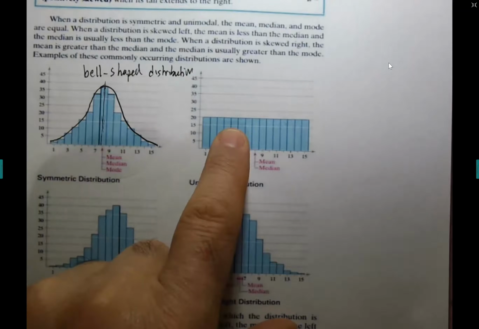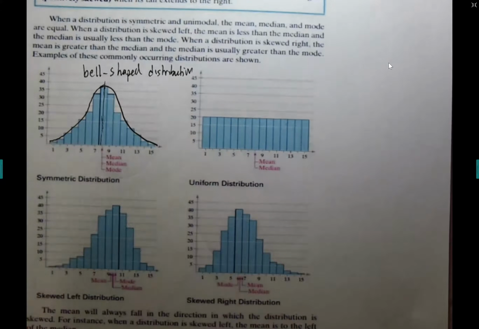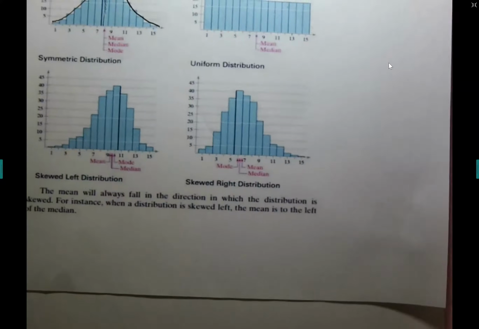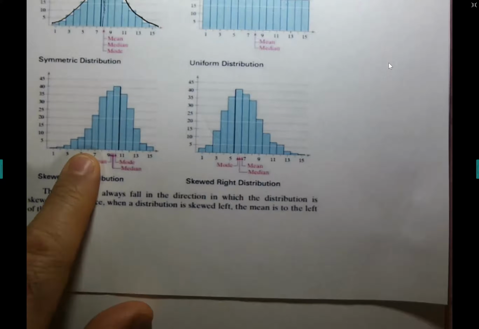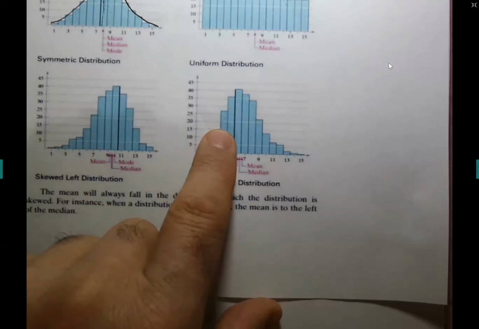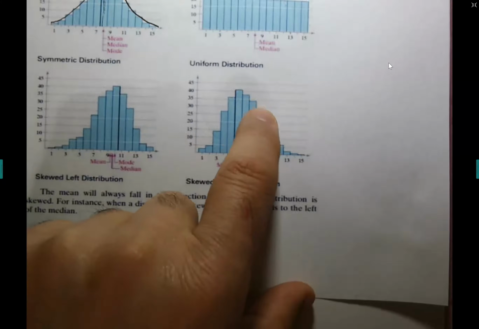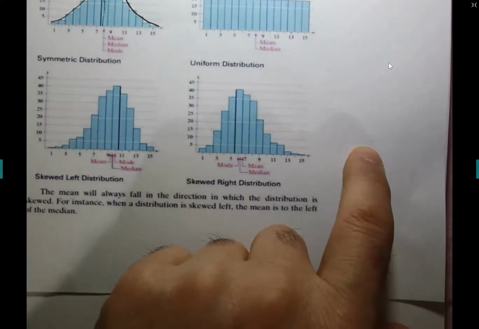Or you could get something like this, which is called uniform. You could get a data set that is skewed to the left, which is the left tail distribution, or you could get a skewed right distribution where the tail points toward the right.